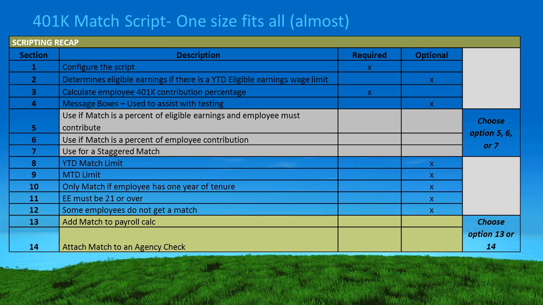And the important note I made at the beginning, cut and paste is the highest form of flattery. It's already written, you know it already works. You may have to tweak it a little bit, but the majority of it is done. You can crank out a valid 401k script very quickly just by cutting, pasting, and altering.